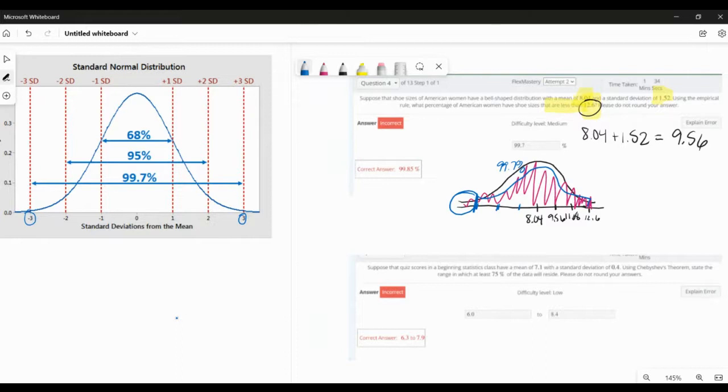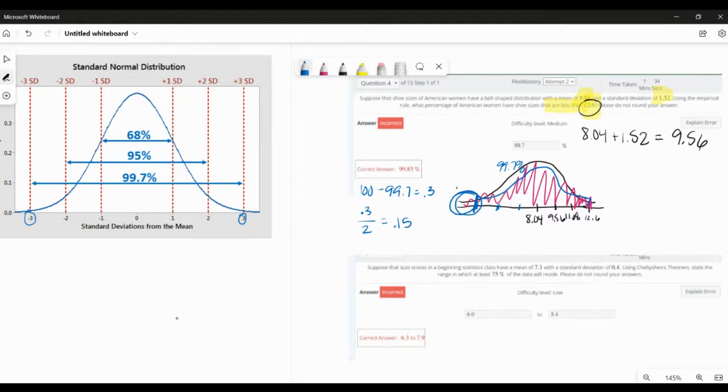Okay, so that area, if I do 100 minus 99.7, because 100% is all of the curve, I will get 0.3. Well, then I'm going to take 0.3 and divide that by 2, and I get 0.15. I'm dividing by 2 because there are 2 sections.